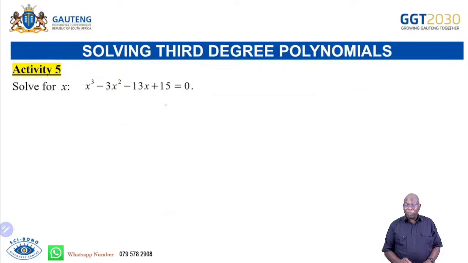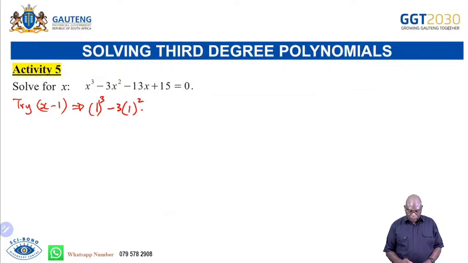How do I get one factor? First, I must try values. Let me try x minus 1. Sometimes when you try the first one, it's correct. You get 0. So I'm going to substitute the value of x by positive 1. Then I'll have minus 3 into 1, minus 13 into 1, plus 15.